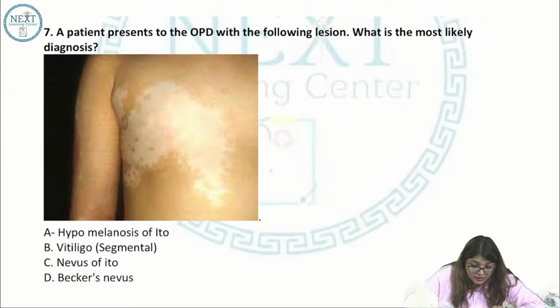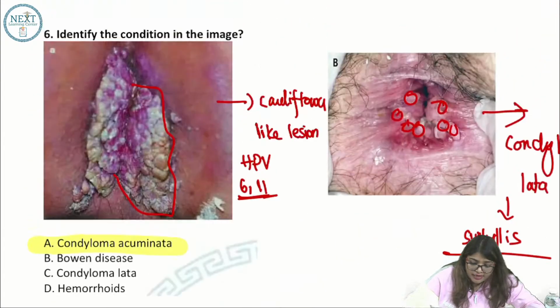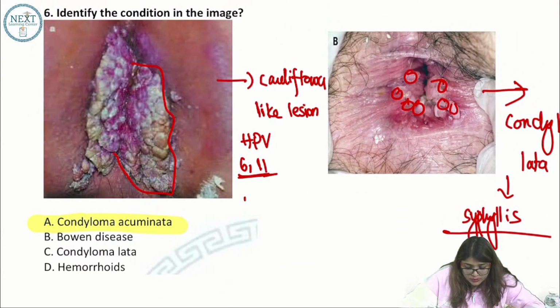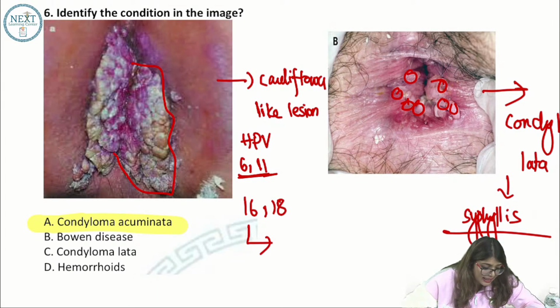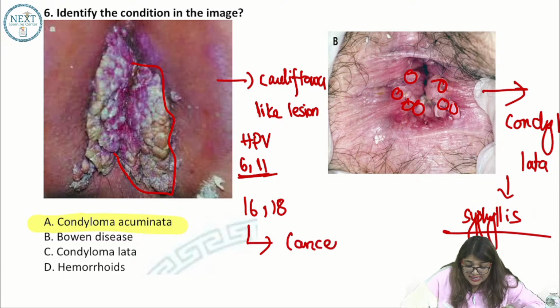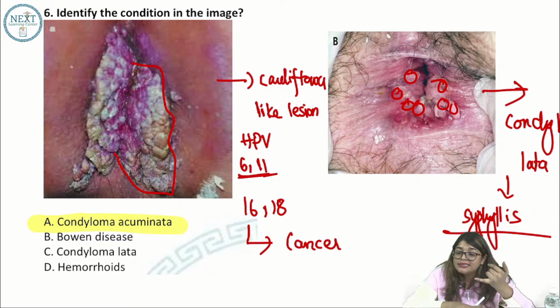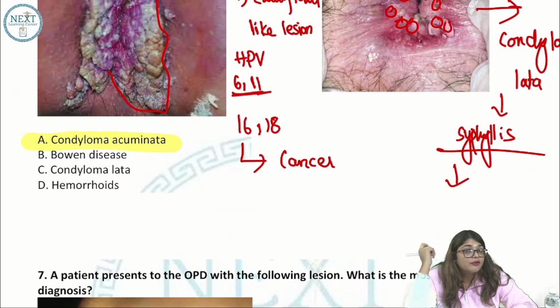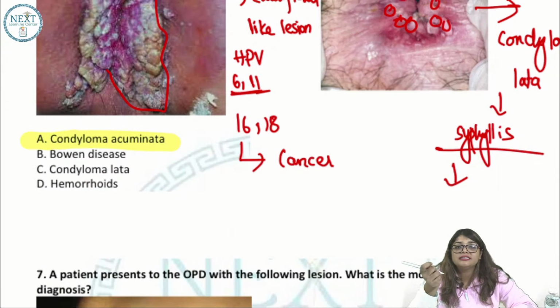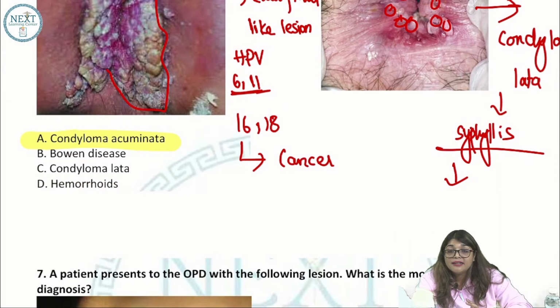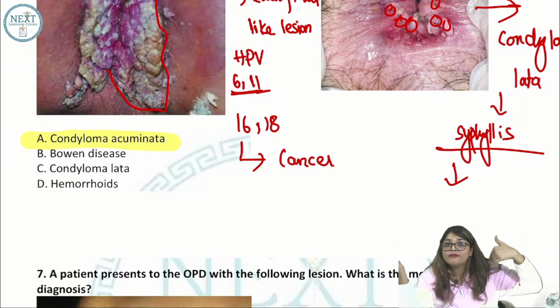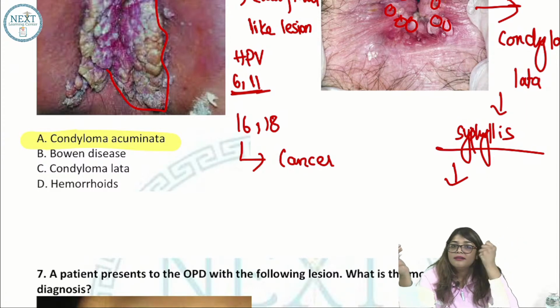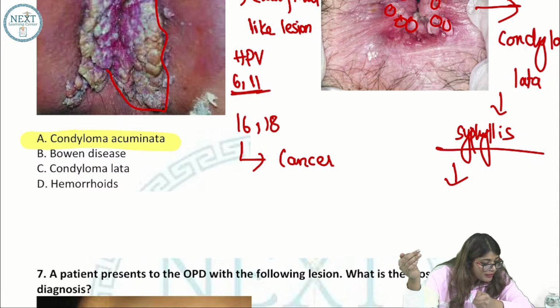Now look at this. What is the answer for this? HPV 6 and 11 cause warts. What about 16 and 18? That causes cancer, right? 16 and 18 cause cancer. With that, you remember the vaccines. There is Gardasil 9, Cervarix, right? And with syphilis, what kind of lesions are seen? What is syphilis caused by? Go to micro from here. Syphilis is caused due to Treponema pallidum.